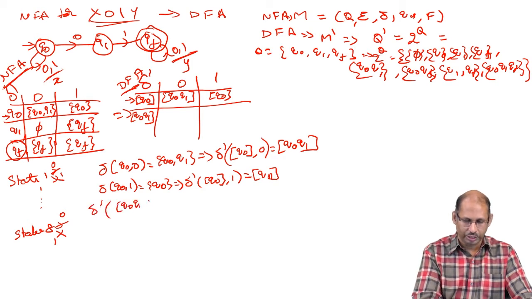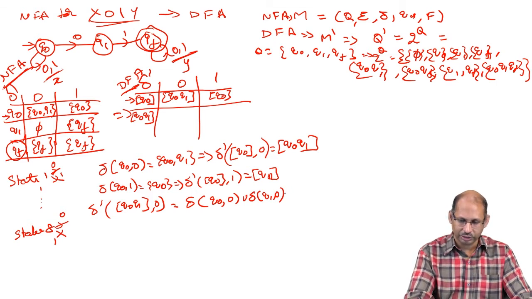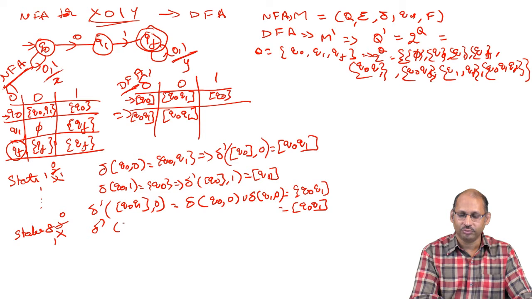Q naught, Q1 on 0 we find. For that purpose, we consider the NFA transition Q naught on 0 union with Q1 on 0, which results in Q naught, Q1, a single state of Q naught and Q1. Then, the same on 1.